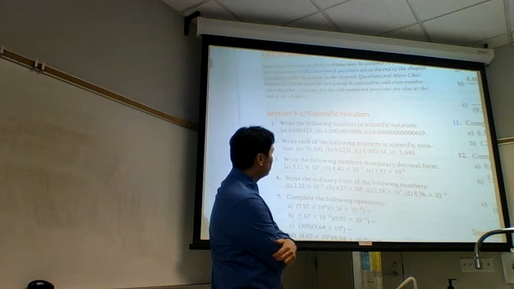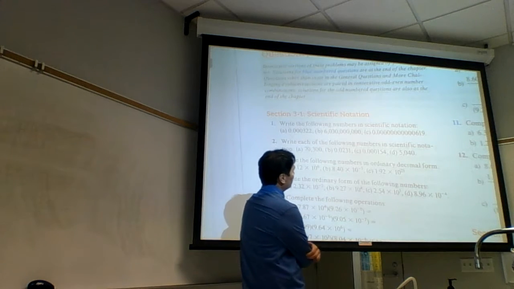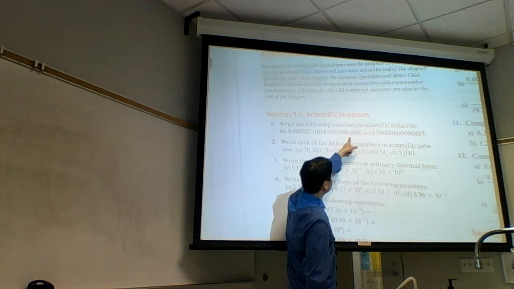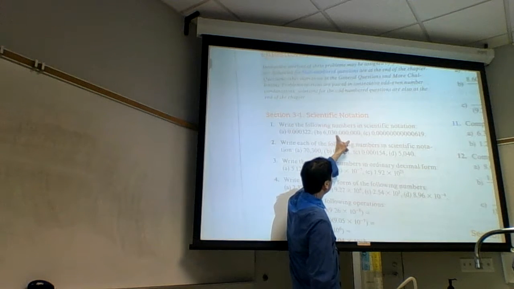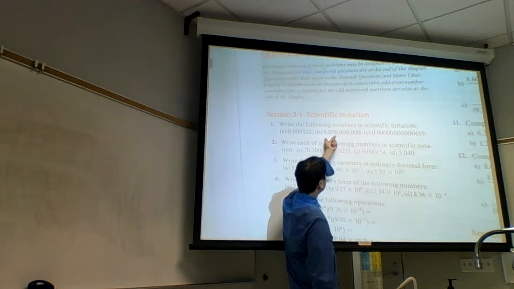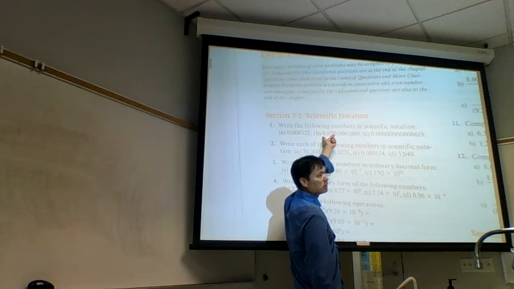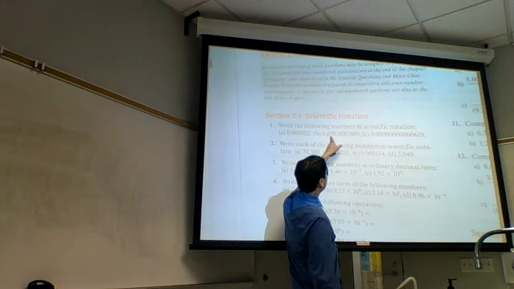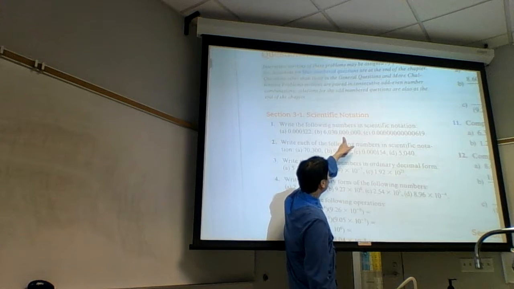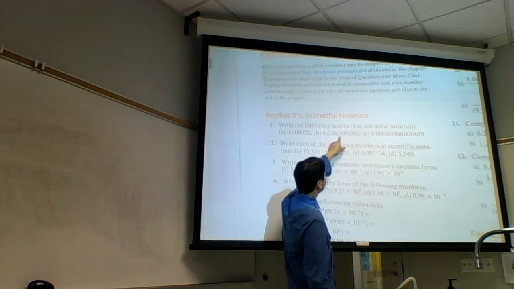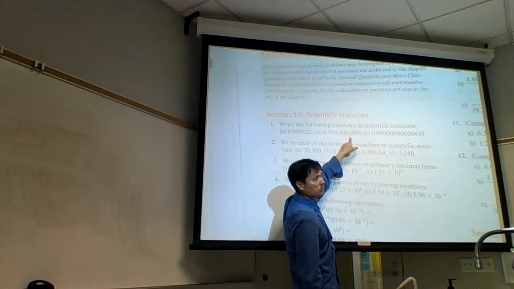Yeah, this could be 6.03 times 10 to the 9, or it depends on how many sig figs we have. This is a little bit ambiguous. These are probably just placeholders, and so it's probably 3 sig figs, most likely. But if this were actually 10 sig figs, then we'd have to write 6.030000, all the zeros.